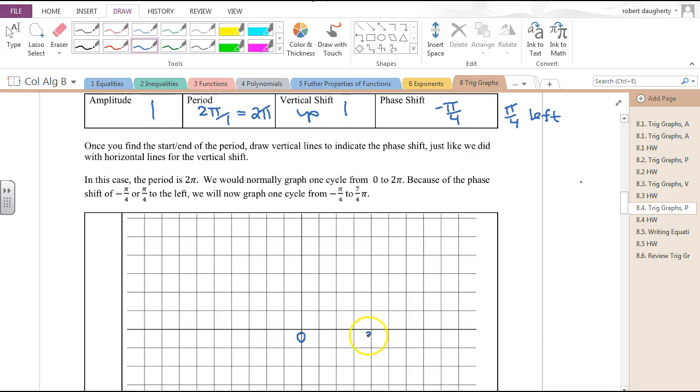And I'm going to call that point what? 2 pi. That's how I'm going to get one period of the graph, okay, from 0 to 2 pi. That makes this point right here what? Pi over 2. And then what is this one here? Pi over 4. So this is 0, 1/4, 2/4, and this is 3/4 pi.